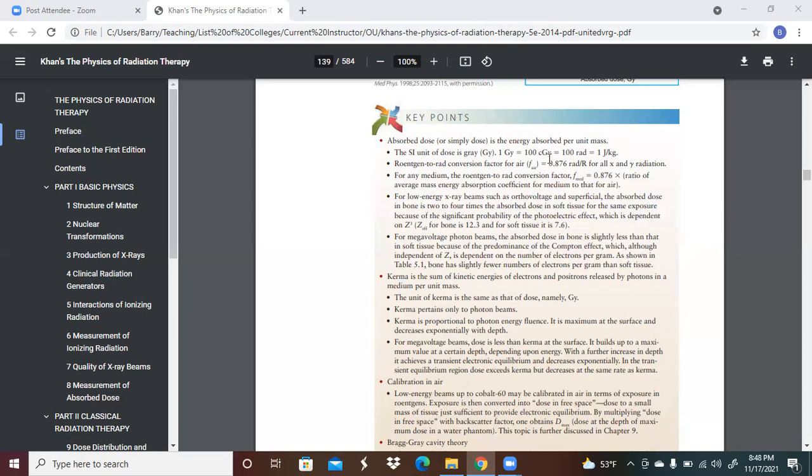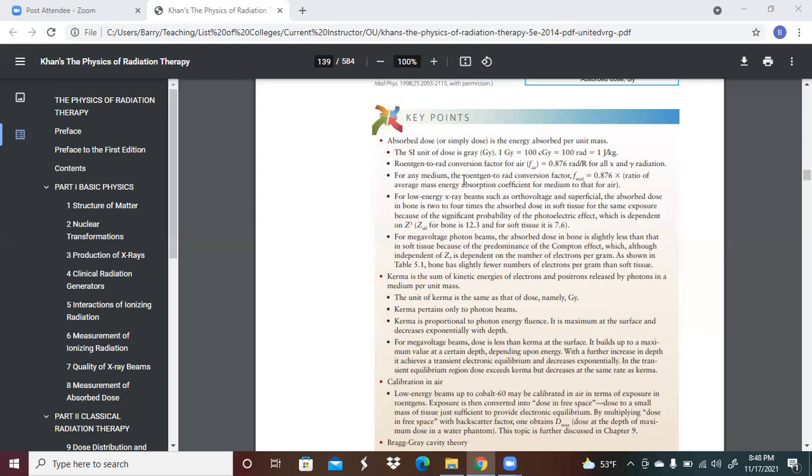1 gray, of course, is equal to 100 centigray, just like 1 meter is equal to 100 centimeters. If you divide it into 100 parts, that's where it comes from. This is also equal to 100 rad, and it's also equal to 1 joule per kilogram. That's the standard unit we're looking at.